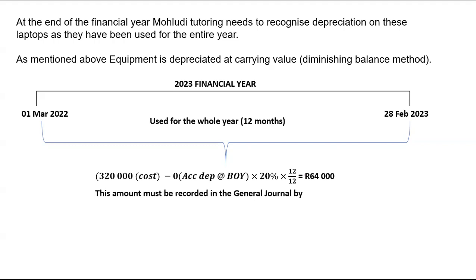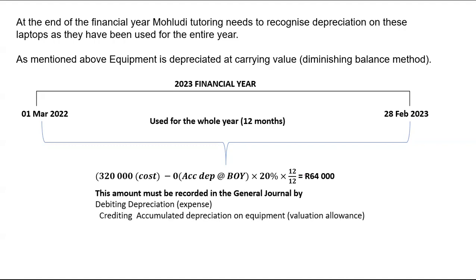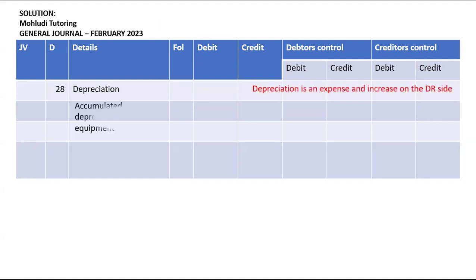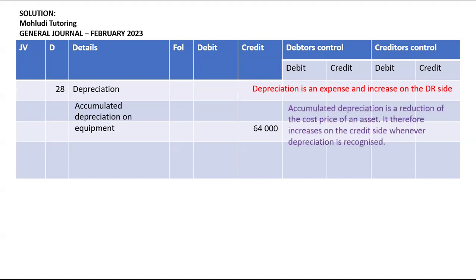This amount must be recorded in the general journal by debiting depreciation, which is an expense, and crediting accumulated depreciation on equipment, which is just a valuation allowance. In the general ledger for February, we will debit depreciation, which is an expense, and credit accumulated depreciation, which is a valuation allowance.